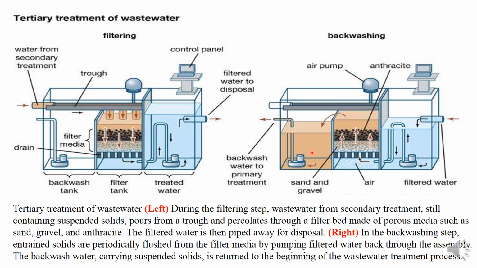So during this mechanism, instead of being sent further after filtering, some water is sent back, which is the backwashing, for the primary treatment, which should be started again, and then the secondary treatment followed by the tertiary treatment.